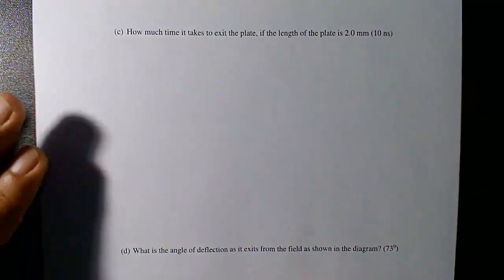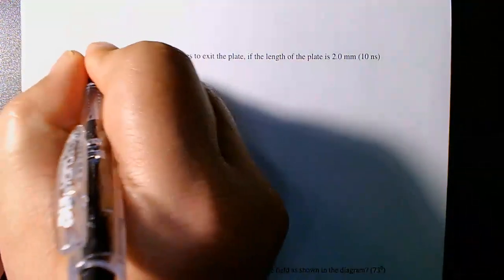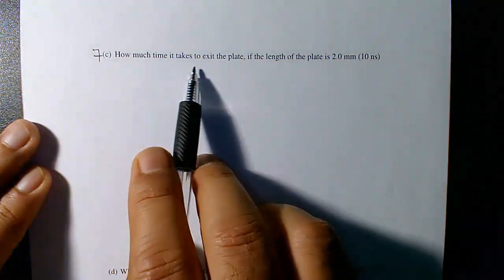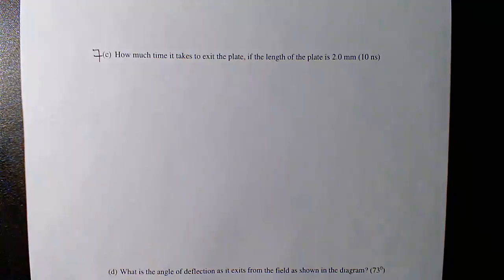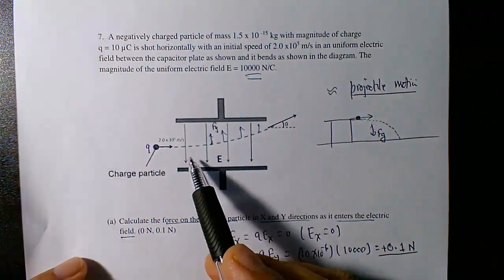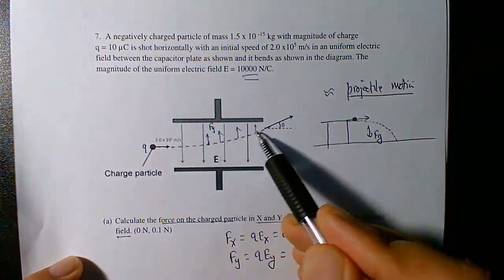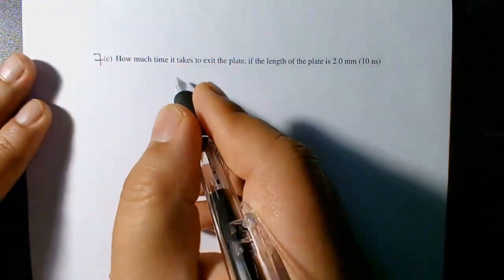Now the next part is the continuation of the same problem number 7. How much time does it take to exit the plate? Go back to the question: it enters here and exits here. You just need to use a kinematic equation.